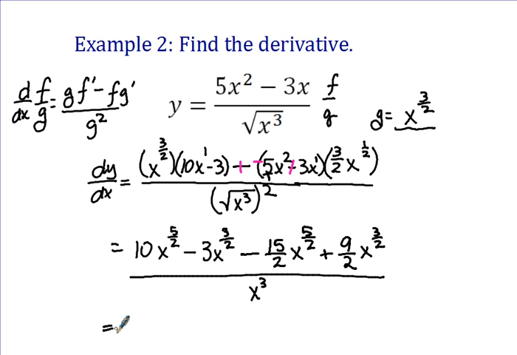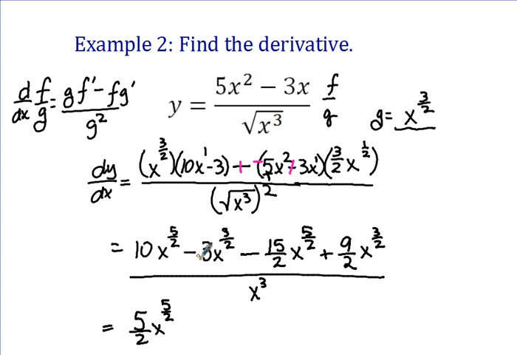Let's combine like terms. 10x to the 5 halves minus 15 halves x to the 5 halves would be 5 halves x to the 5 halves, because 10 would be 20 over 2. 20 halves minus 15 halves would be 5 halves.